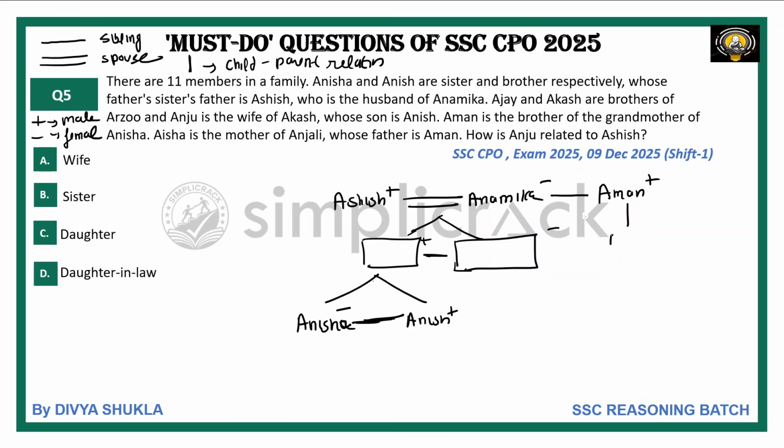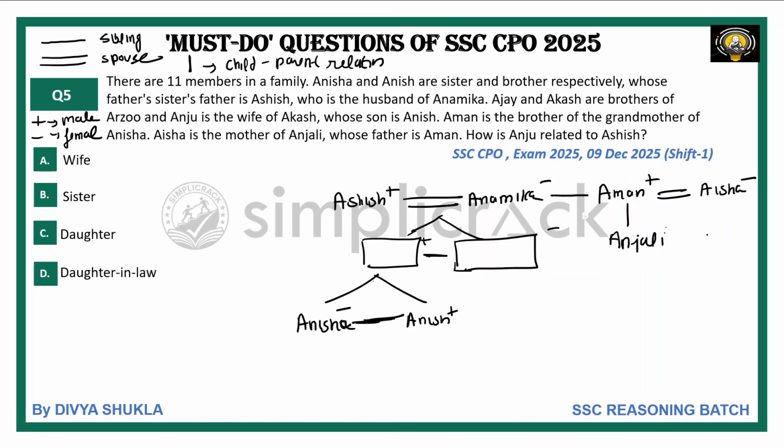Anjali's father is Aman. Anjali's mother is Aisha. So you can represent using this. And what else we have done with Anjali? Aisha is the mother of Anjali.